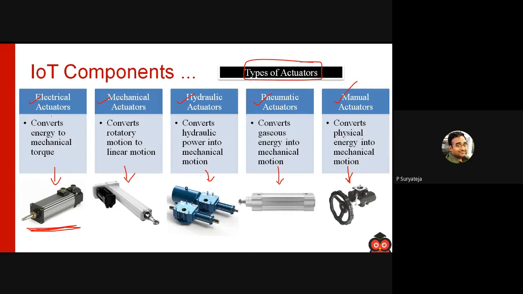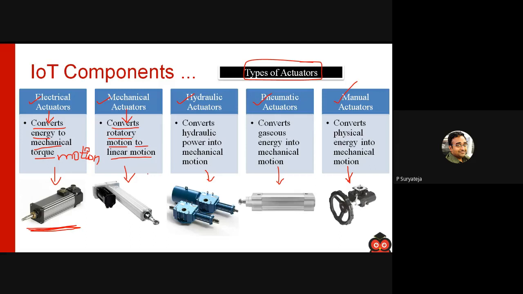So what is an electrical actuator? It converts electrical energy to mechanical torque. So mechanical torque means some motion, mechanical motion, either rotatory motion, linear motion, or oscillatory motion. Okay, some movement is there. And mechanical actuators convert mechanical rotatory motion to mechanical linear motion.